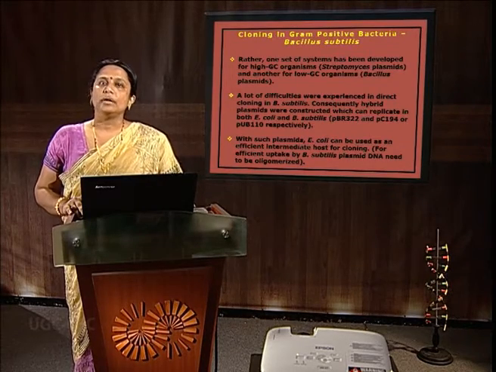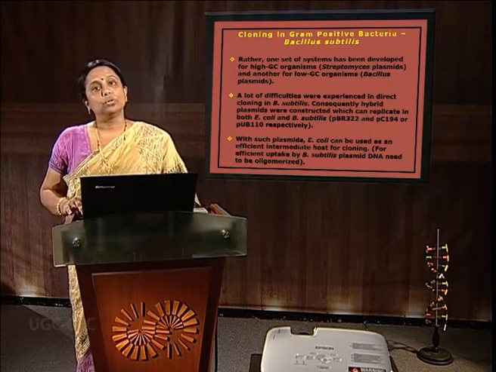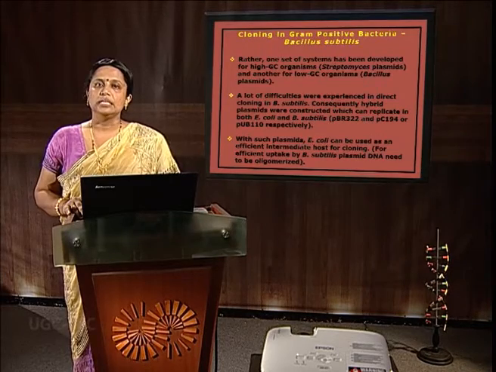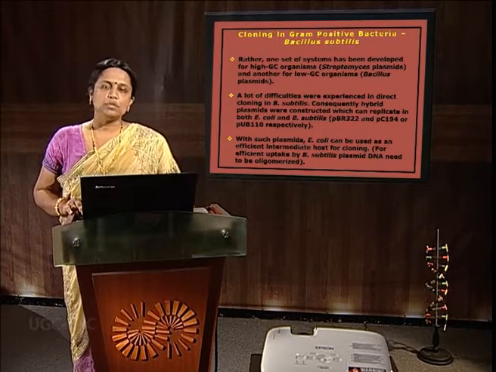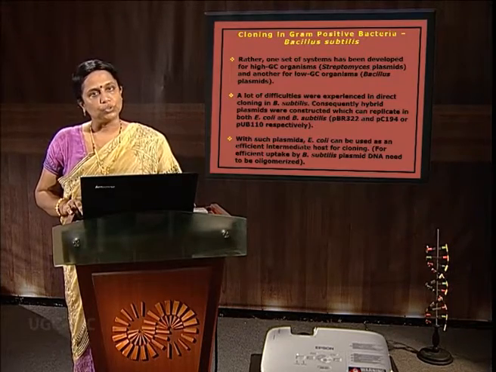The host may vary, and because the hosts differ in their GC contents, cloning vectors applicable in one host may not be suitable for cloning in other hosts. That's why extensive study is being done in these cases.